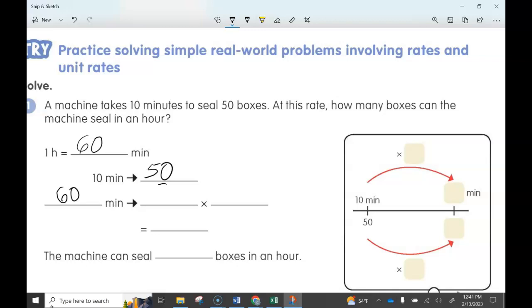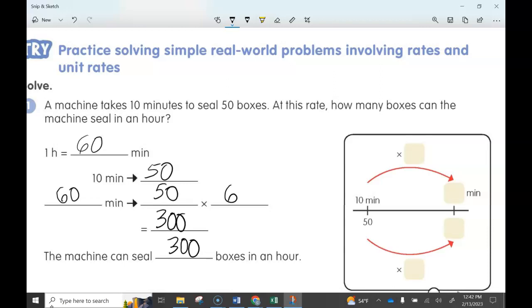We have 50 boxes times 6. Where are we getting that from? We know that there are 10 minutes in an hour, so we take that 50, multiply it by 6, and that gives us 300. The machine can seal 300 boxes in an hour.